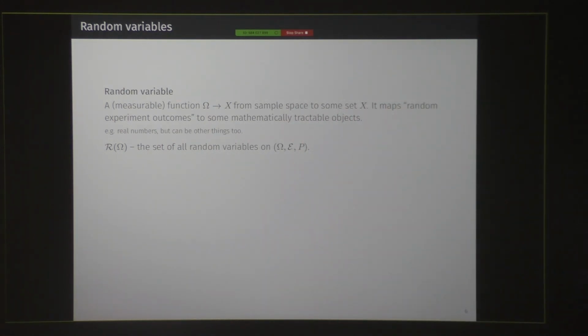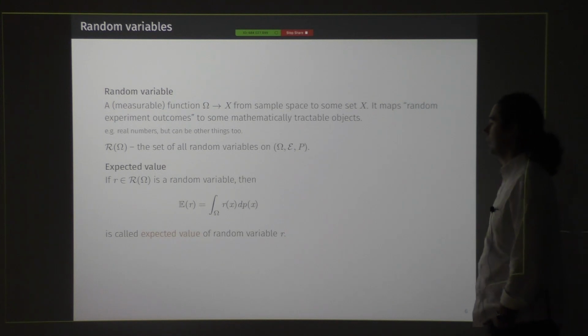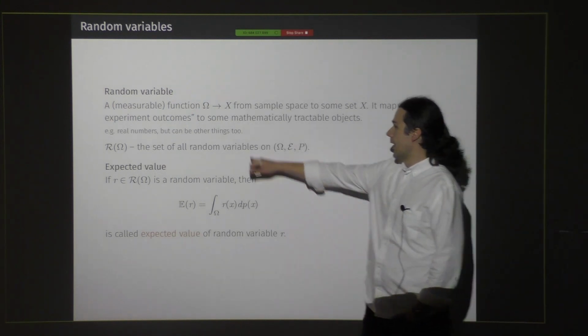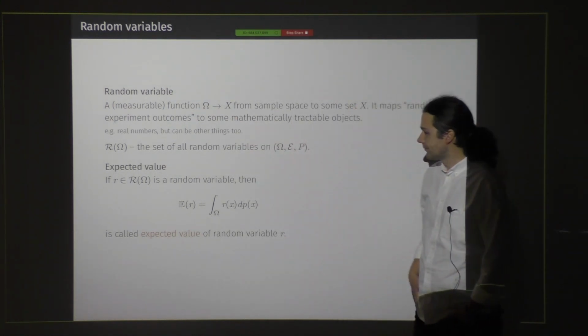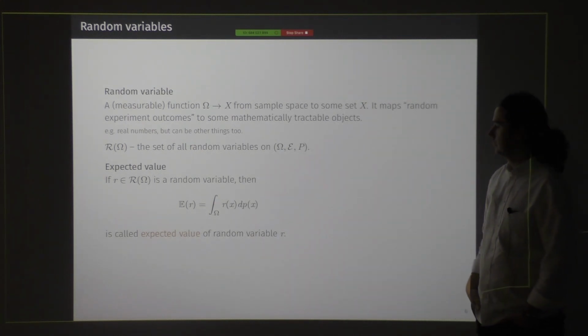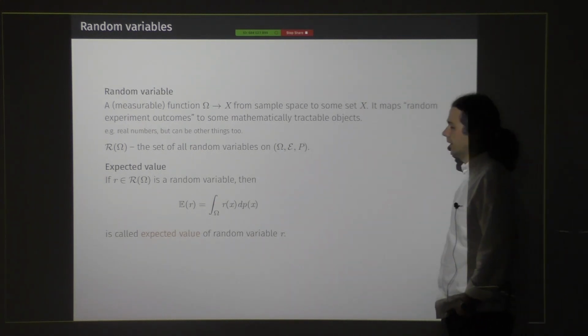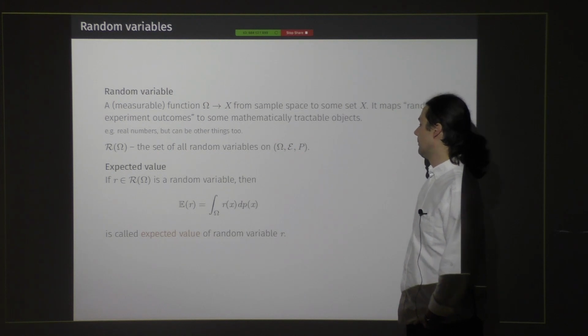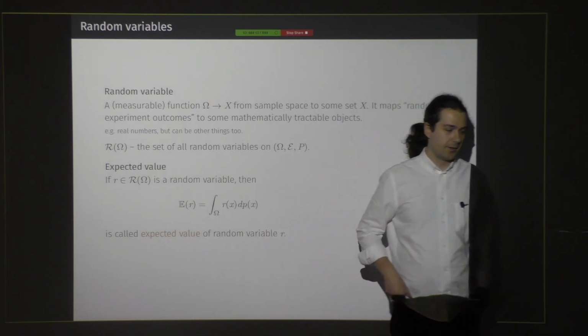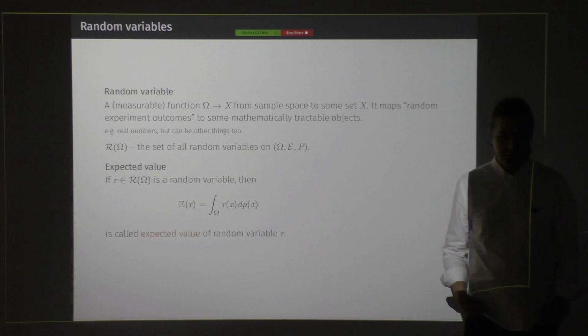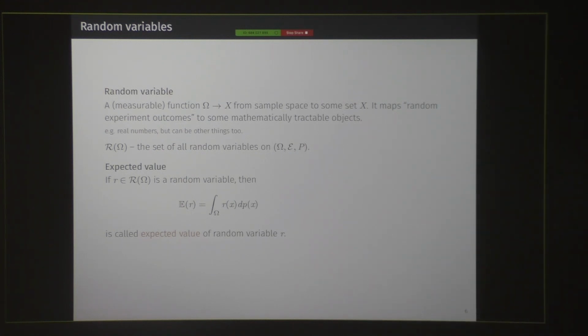And when we have a random variable, we can produce a number which we call expected value of the random variable, at least if x are the numbers. So, basically, to be precise, we integrate the random variable over the sample space, but if the sample space is finite, then actually it is something very simple.